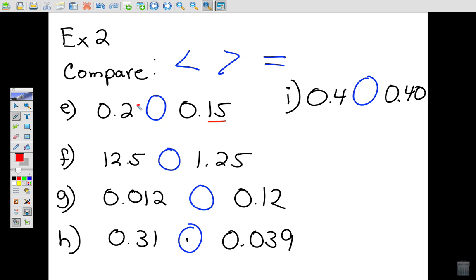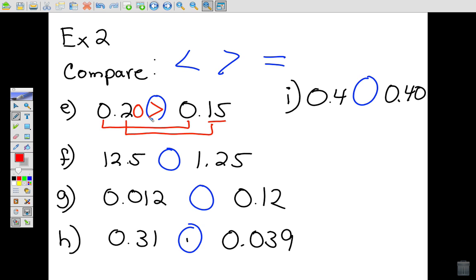So I'm going to add a 0 to the end here so that I have 2 here. All right, let's compare them. So compare our zeros. Well, they're the same. I can't compare them. Go to the next digit. Here I have a 2. Here I have a 1. 2 is bigger. So 0.2 is greater than 0.15.